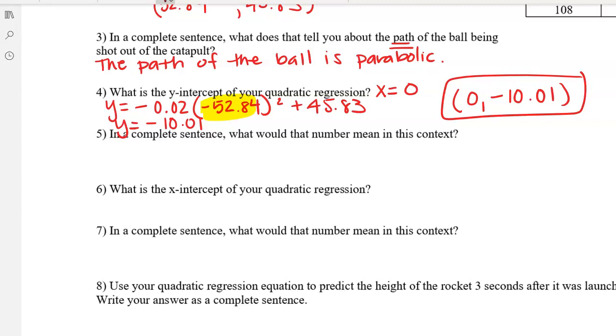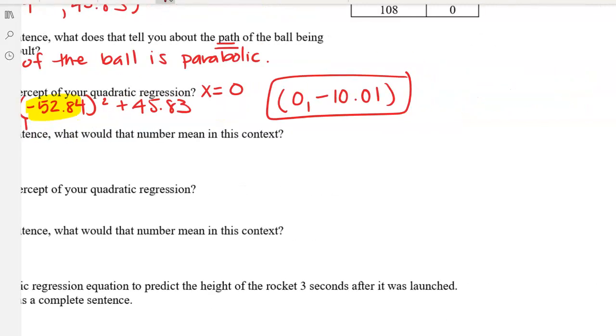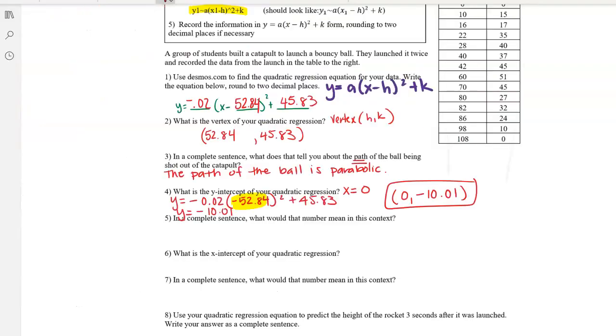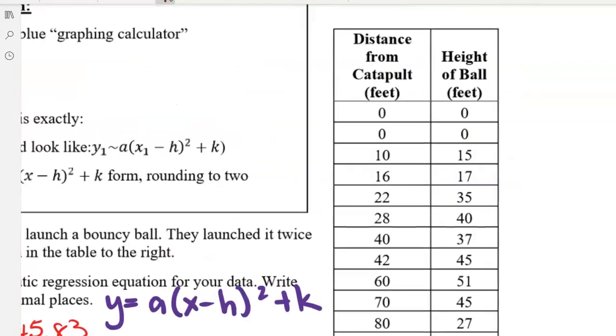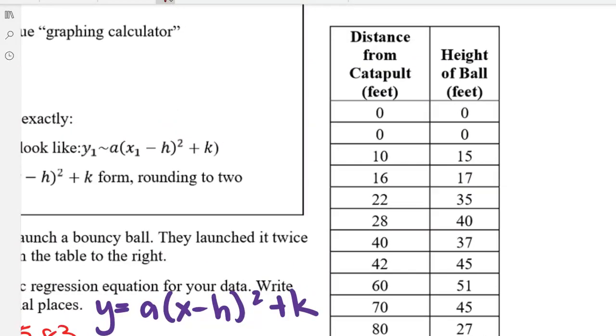In a complete sentence, now we have to figure out what that means. So in this context, x represents what? Let's go back to the box. The data here, what does x represent in our data? The distance. What kind of distance? It looks like they're both distances. X represents what kind of distance? Distance from the catapult. So is that horizontal distance? Yeah, for x.